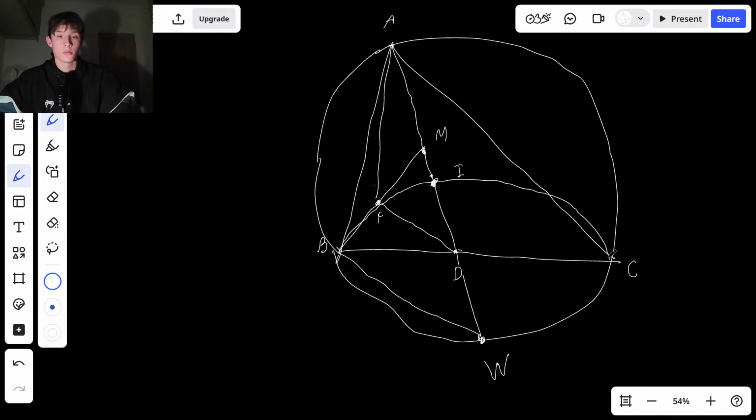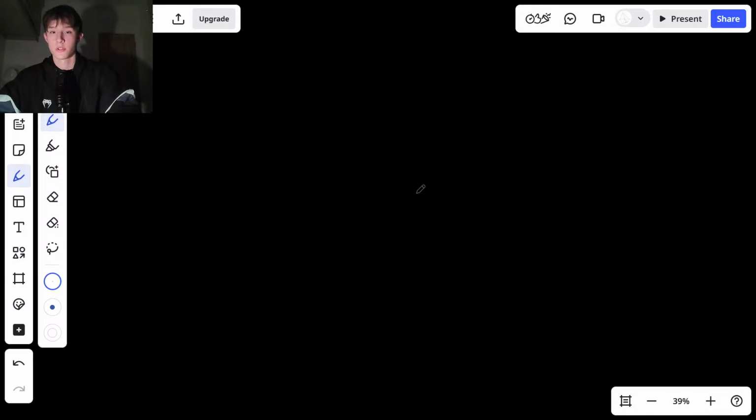And now we just want to show that AFC is 90 degrees. Well, AFC is 90 degrees because of angle chasing. Let's just chase them up real quick. This angle is alpha. This angle then is alpha. This is alpha. This is 90 minus alpha, and we're done. Okay, this is a nice question.